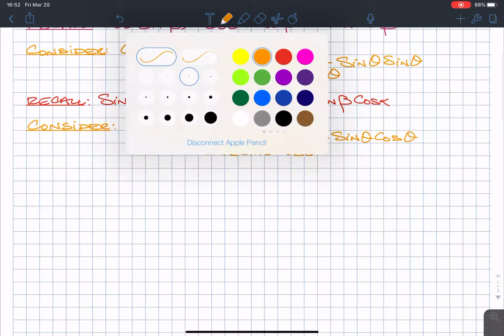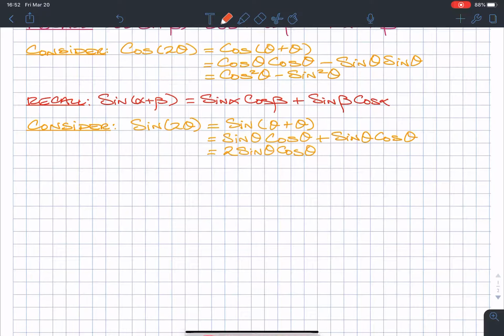Let's also recall that tangent of alpha plus beta was the quotient, tangent of alpha plus tangent of beta, all over 1 minus the product, tangent of alpha times tangent of beta.